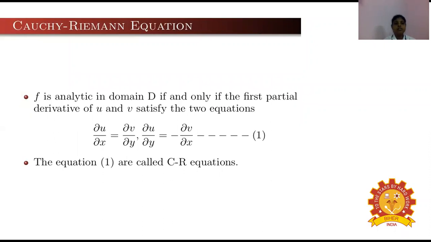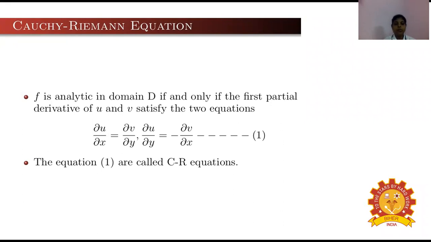Next, the Cauchy-Riemann equation. We can simply say the CR equation. f is analytic in domain D if and only if the first partial derivatives of u and v satisfy the two equations: dou u by dou x equal to dou v by dou y.